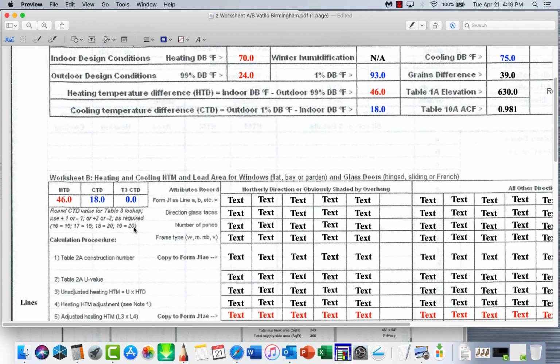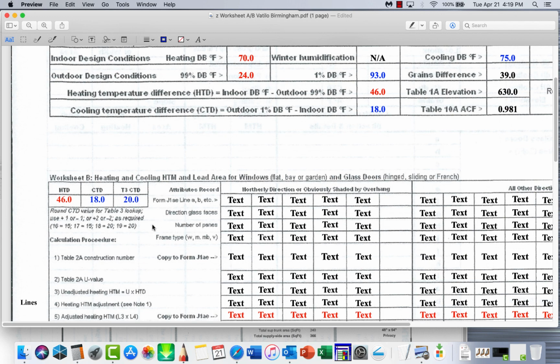If you had 19, you round it up to 20. If you had 20, you round it up to 20. If you had 21, you'd round to 20. If you had 22, you'd round to 20. If you had 23, you'd round to 25. So since we're plus 1, minus 1, plus 2, minus 2, we're going to go with 20 as our T3 CTD. And this will come on a table later on.